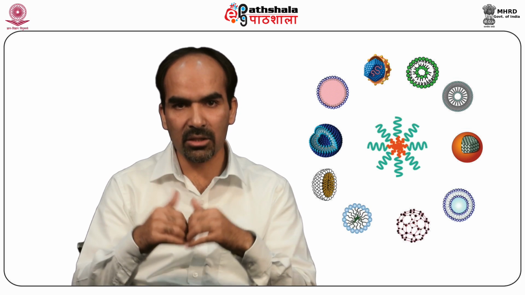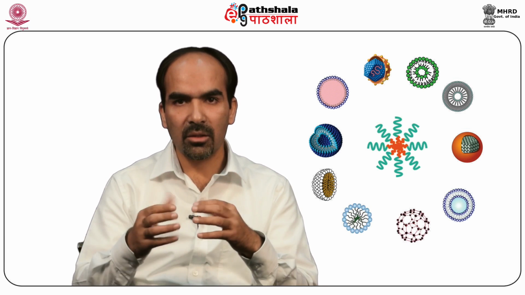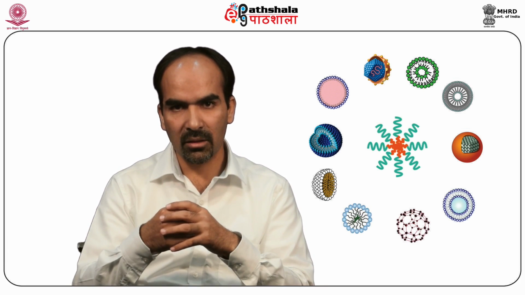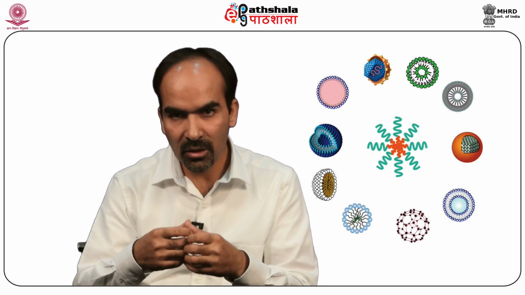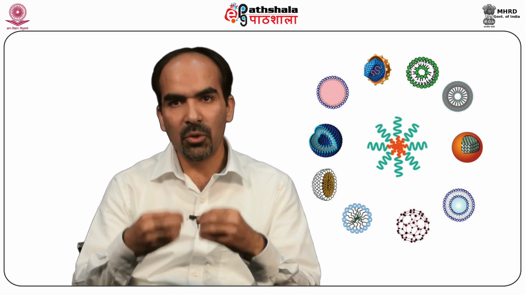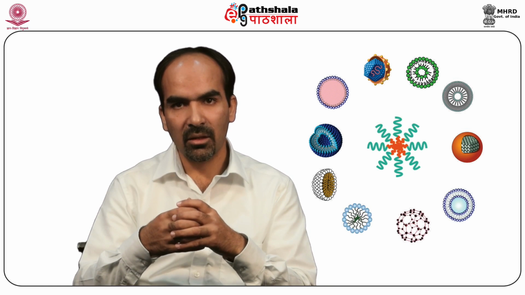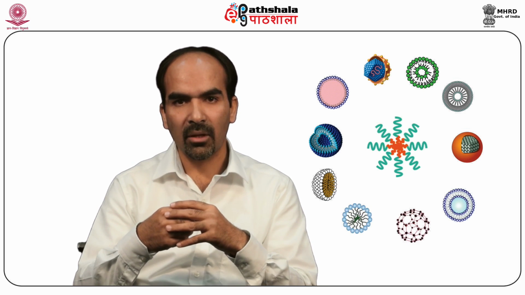Then comes the third stage, when the isolated pure compounds from herbal medicines are used. So in the third stage, students, we use pure compounds or combination of compounds from plants for the treatment of diseases.